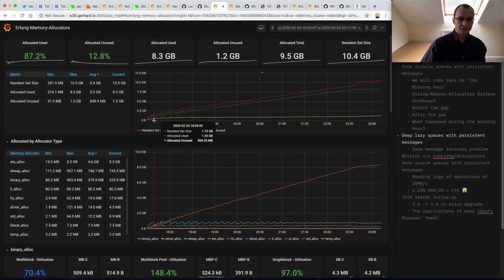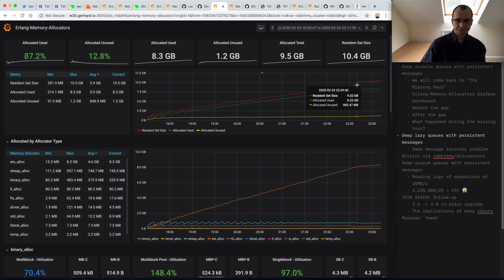And we can see a very similar trend there, in that the resident set size keeps going up, the allocated used, even though there's a little bit of difference. So in this case, we have about a gig. There's always 900 megabytes to a gig of unused memory, but it's very, very steady.